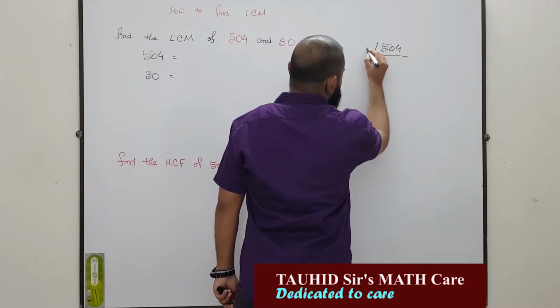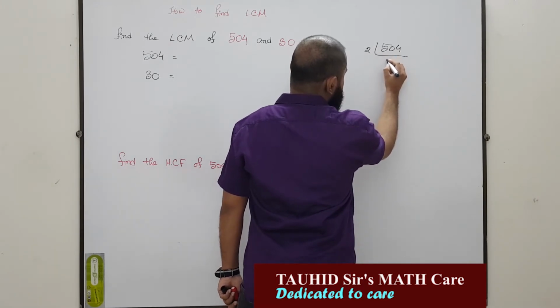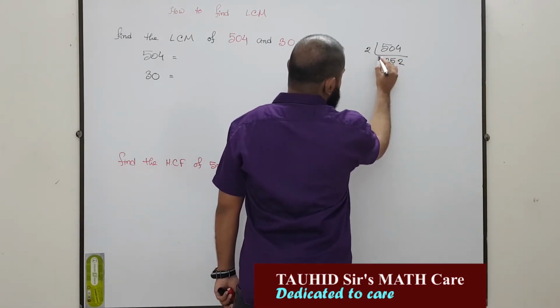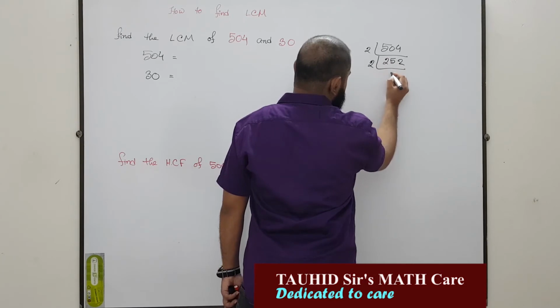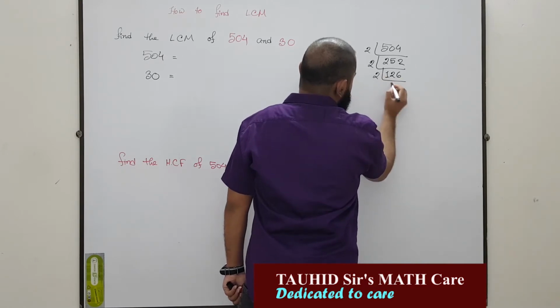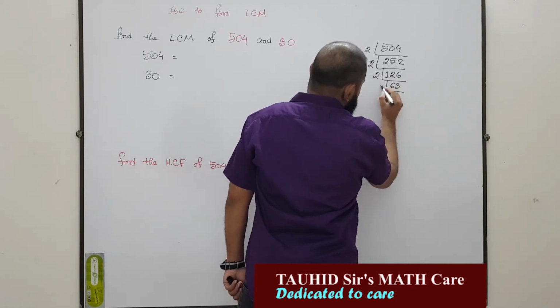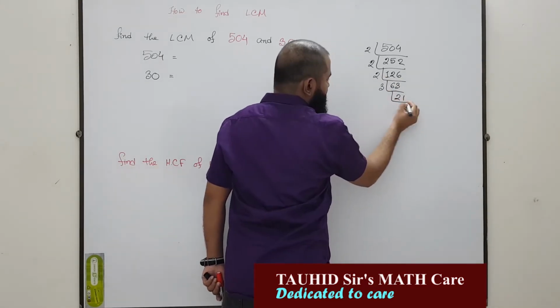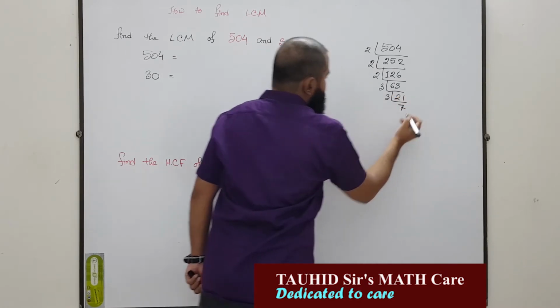504, if we divide this by 2, we get 252. If we divide it by 2 again, we get 126. If we divide it by 2 again, we get 63. If we divide it by 3, we get 21. If we divide again by 3, we get 7.